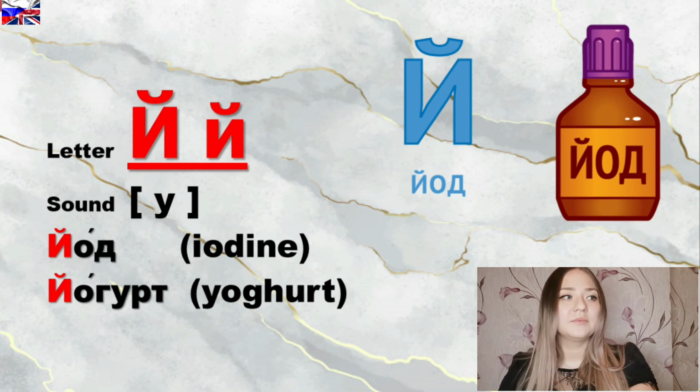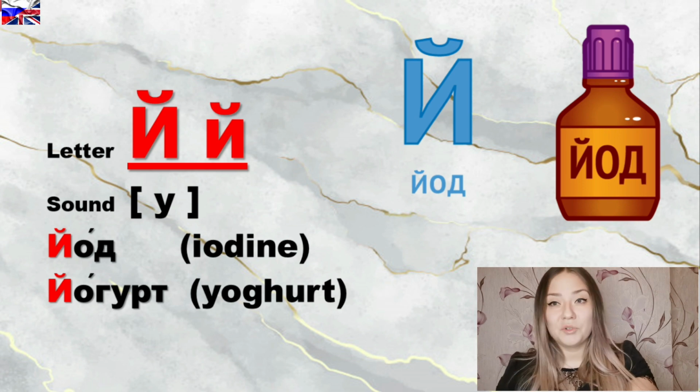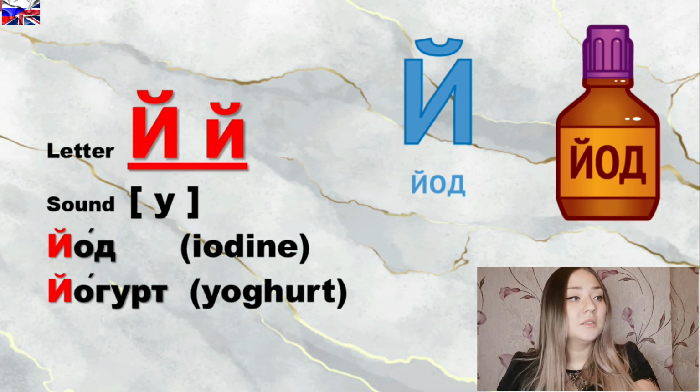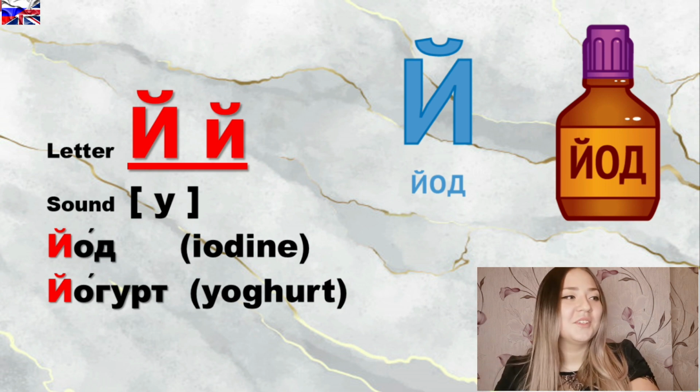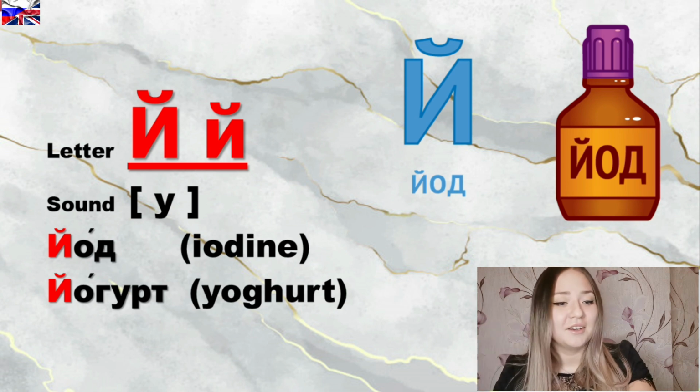Yogurt. Okay, so nothing tricky about this one. It just looks kind of strange, right? But it's quite simple as well. Йод, and yogurt. Sometimes I mix Russian and English, I don't know.